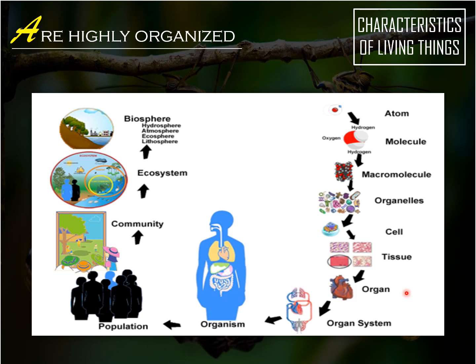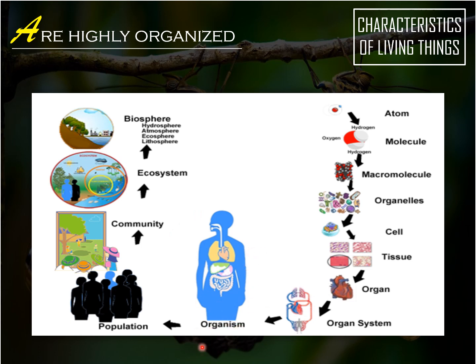If this group of organs works together to perform specific bodily functions, such as breathing, this will be called an organ system. And if these different organ systems, such as the respiratory system, nervous system, and endocrine system, work together, we can now form an organism.